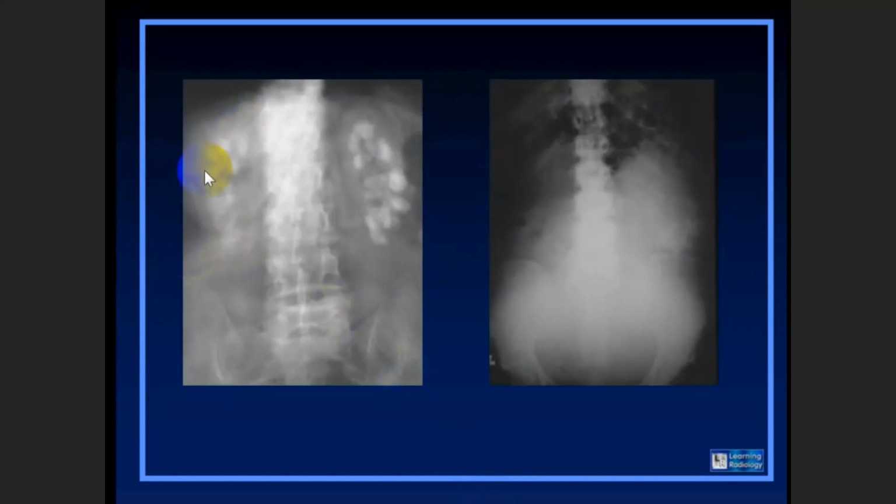Here we have nephrocalcinosis, the presence of calcification within the medulla of the kidneys bilaterally, and it's drawing the shape of the kidneys in a radiograph. And here the calcification of pelvic fibroids or myomas, nephrocalcinosis, and myomatous disease of the uterus.